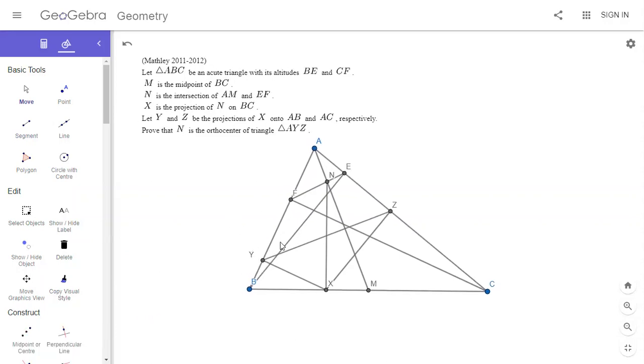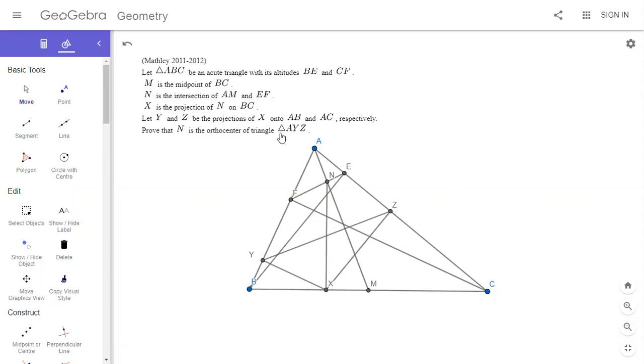Let's see. So if we could show YN is, this looks kind of like projective geometry. We want to show YN is parallel to BE. So if we project through F, let's see.